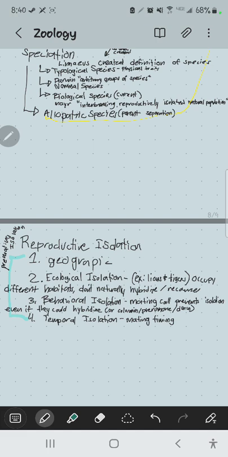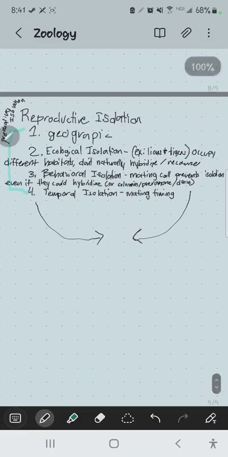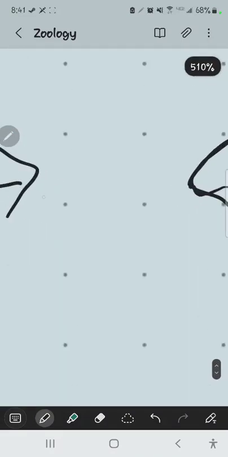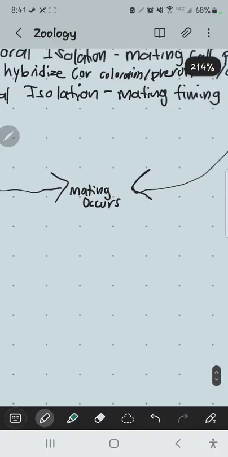Then, if mating does occur, if there's enough of a habitat overlap, if the behaviors are in line enough that there is an attempt to mate, and if the timing of year is right and mating potentially occurs, we have some of what are called post-mating mechanisms.